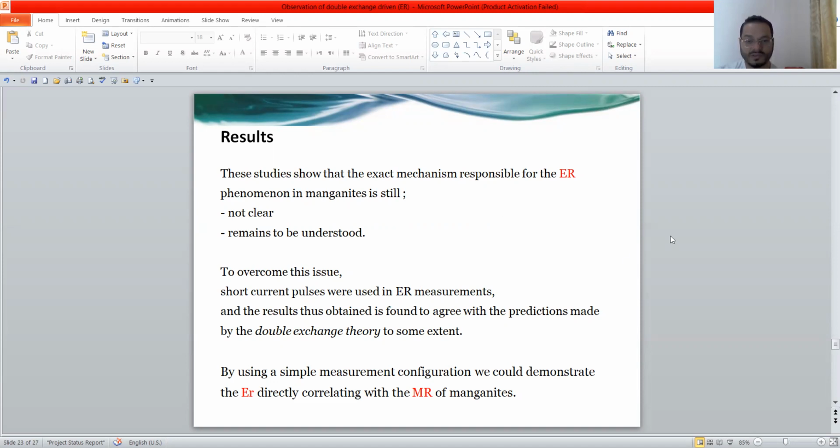By using a simple measurement configuration, we could demonstrate the electric resistance directly correlating with the magnetic resistance.